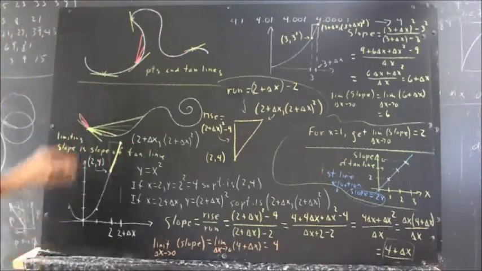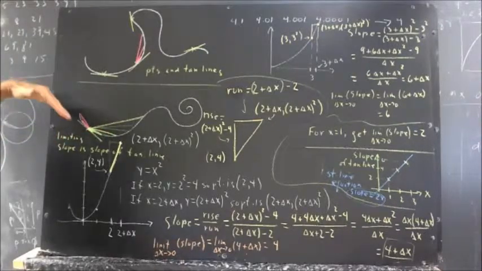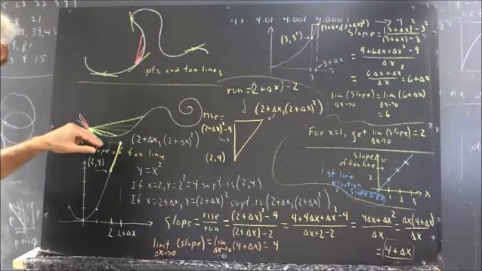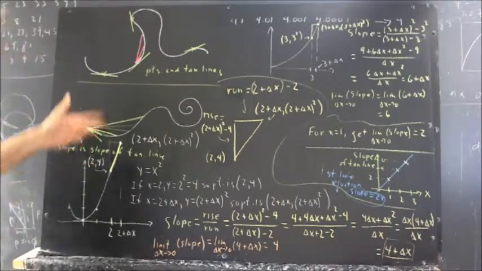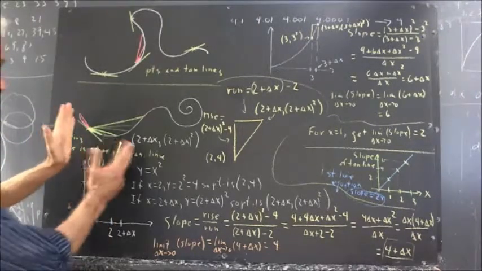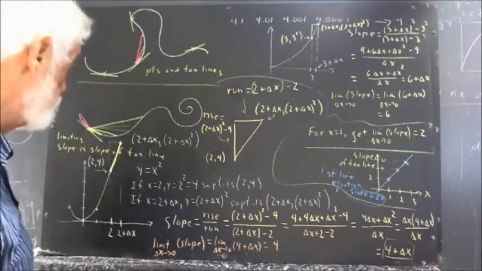As it shrinks down to 0, these secant lines will have slopes that approach that of the tangent line. So the tangent line is going to have a slope that's equal to the limiting value of the secant lines as the x interval, the delta x in this case, approaches 0.